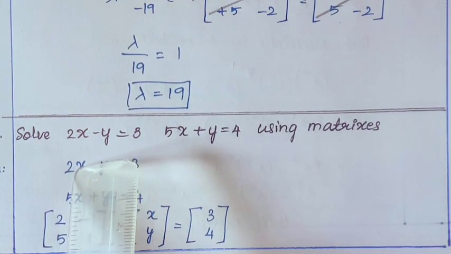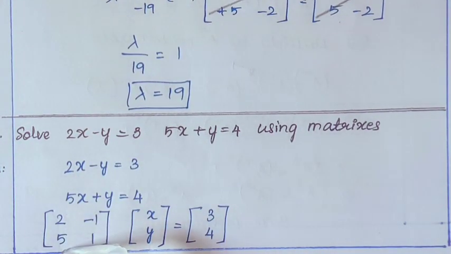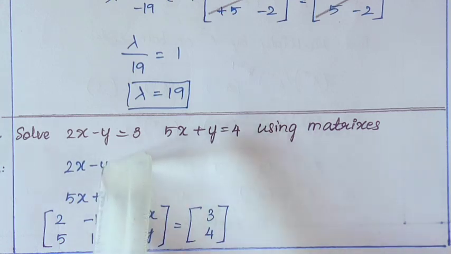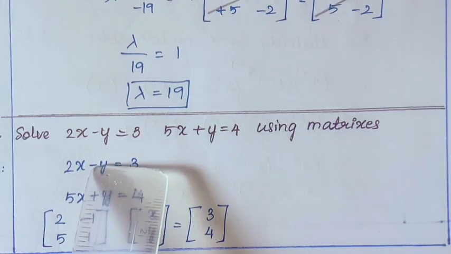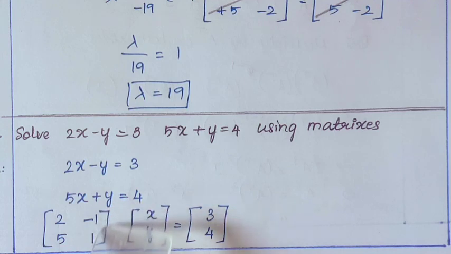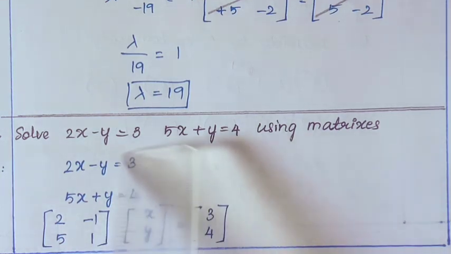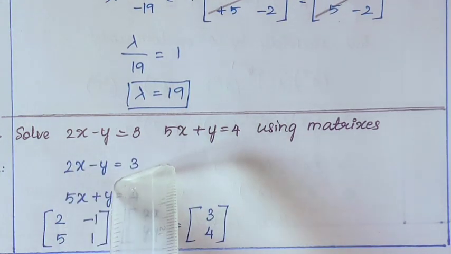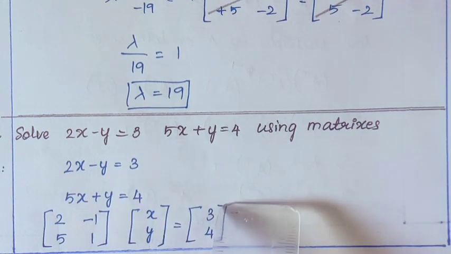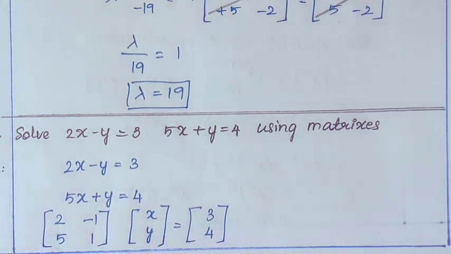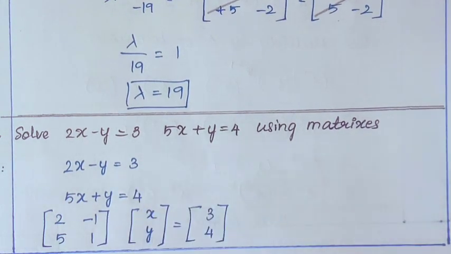So x values 2, 5 we have written. Y values minus 1, 1. Next variables x and y, and then constants 3, 4. So we have written here.